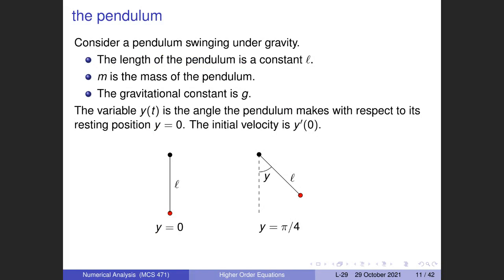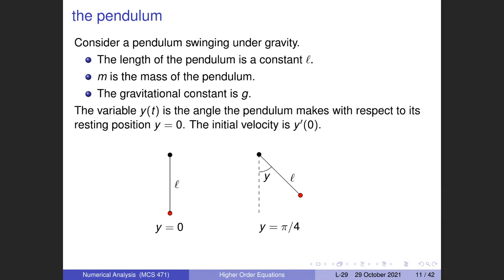So we consider a pendulum, that means some weight hanging from a string with length L. That's the length of the pendulum. We have the mass of the pendulum, and then we have the gravitational constant.